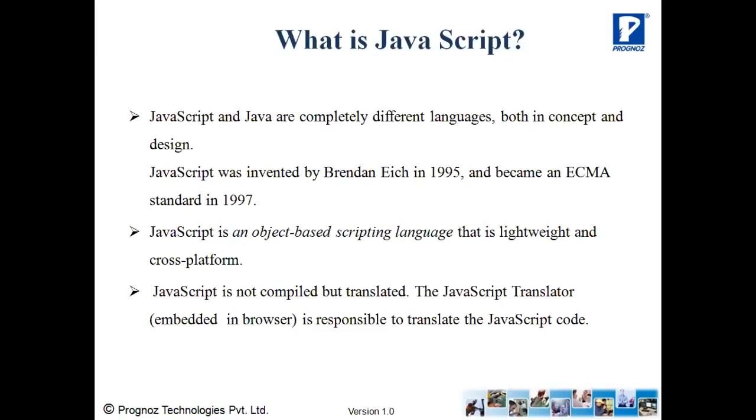But what about JavaScript? JavaScript is not compiled, but it is translated. Just like for other languages, we need to install some software, some IDEs, to work with that language. But in case of JavaScript, you don't have to install anything. Its translator is already available within a browser. The JavaScript translator, which is embedded within a browser, is responsible for translating the JavaScript code.